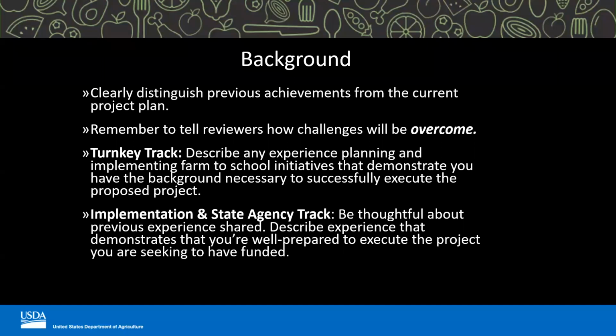For example, if you have planned trainings or implemented curriculum development or procurement strategies, then state those in this section as evidence that your organization is equipped to successfully execute the proposed project. In a nutshell, for all grant types, applicants should clearly align your organization's experience with your current proposed project, including any Farm to School initiatives you have been a part of in the past.